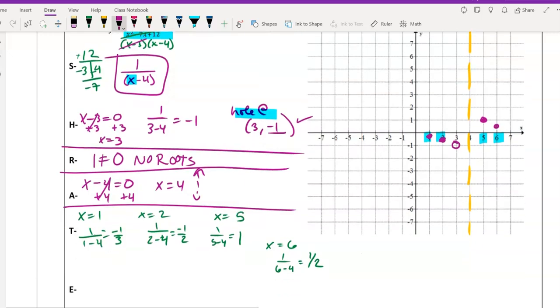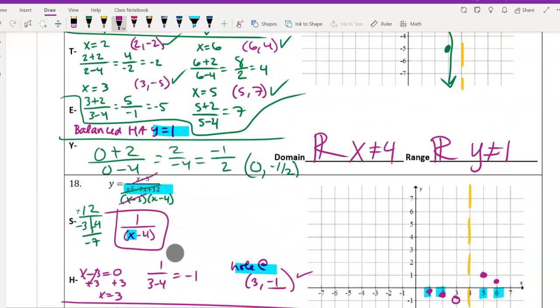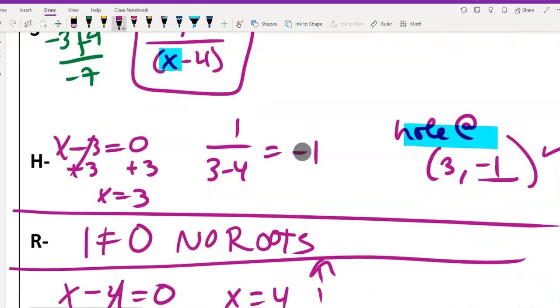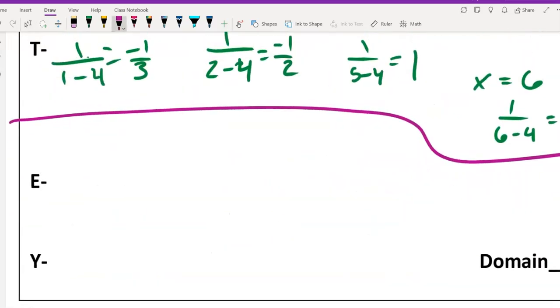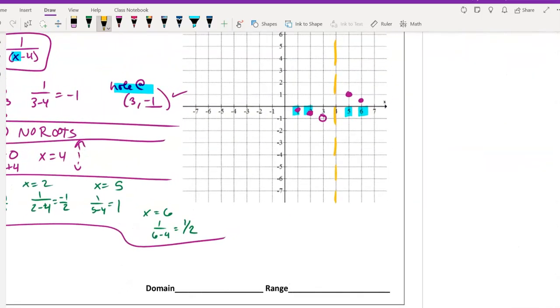All right. Next, we move on to the E, end behavior. Balance or bottom heavy. You look at our simplified equation. Notice how there's no x on top to balance out that x in the bottom. So this is bottom heavy. And E from our notes says bottom heavy, HA, is y equals 0. So let's go ahead and plot that. Y equals 0.